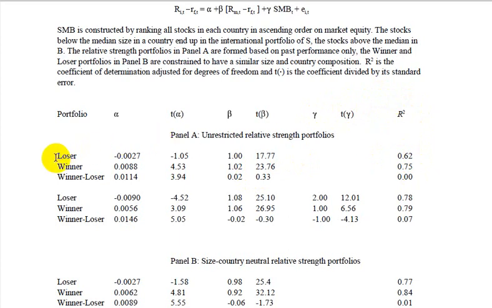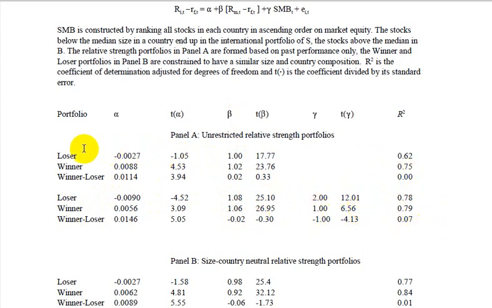And we see here this first section is a regression of just the market beta piece, and the second section here in panel A is a regression of the market beta plus the size beta.